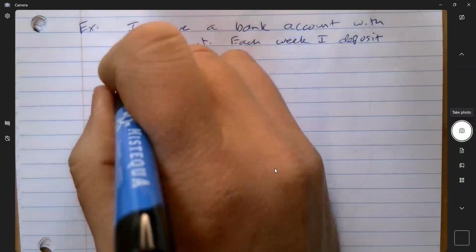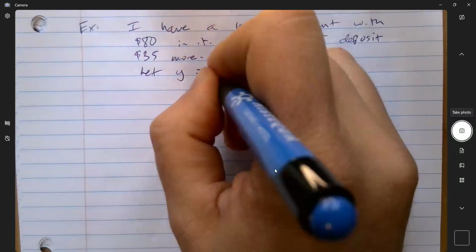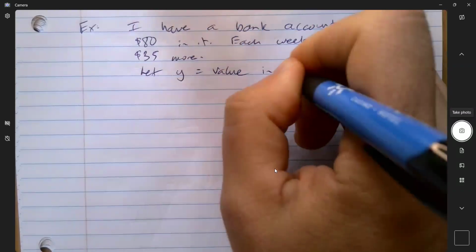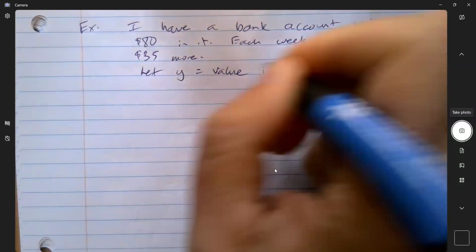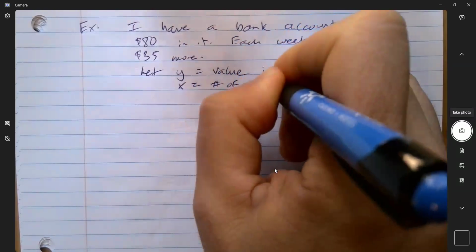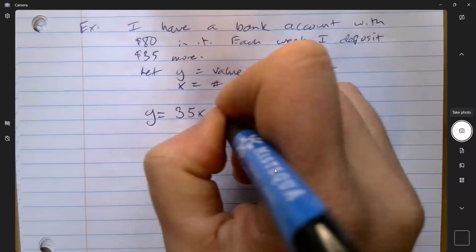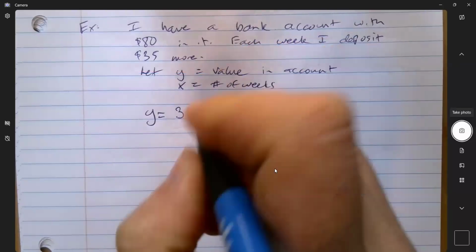Then the value of the bank account, let y equal the value in the account, and x equals the number of weeks. And I would say y equals 35x plus 80.